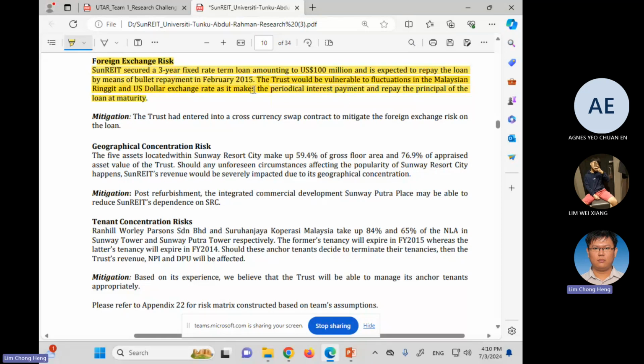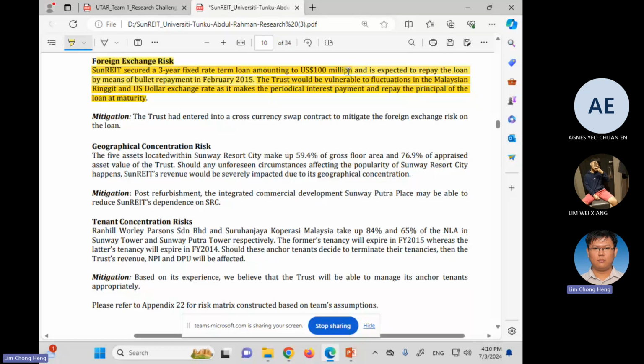Here they say Ringgit Malaysia and USD, Ringgit Malaysia will have pressure on depreciation because of the interest rate gap. So if the company borrows money in terms of USD, and then when Ringgit Malaysia depreciates, the company needs to pay more.